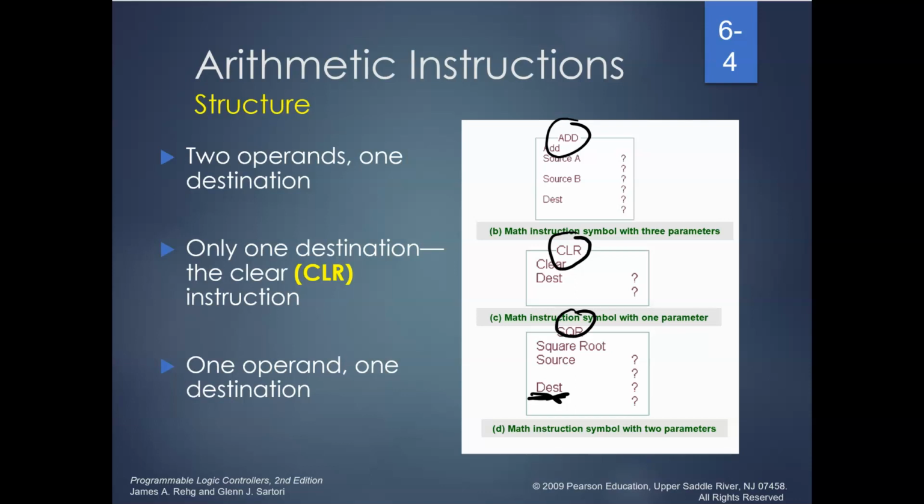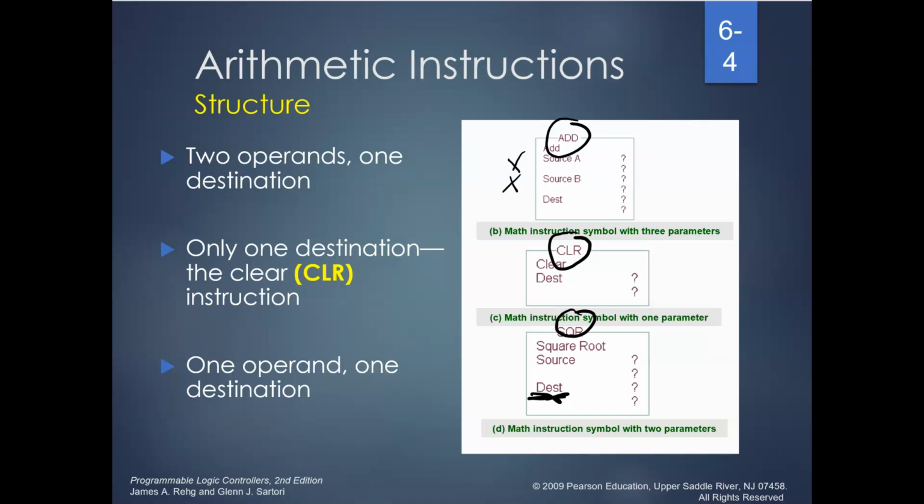So the first one has two sources, source A and source B, and that's clear because when you're adding, basically you need number A and then number B, so then you can add them together. So for the add instruction you have two operands or two sources. For clear, you don't need any operand, you only need the destination to save the value and basically clear the value.